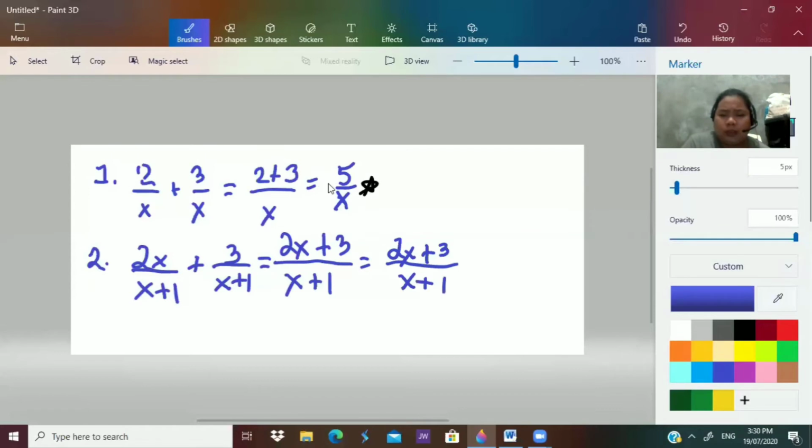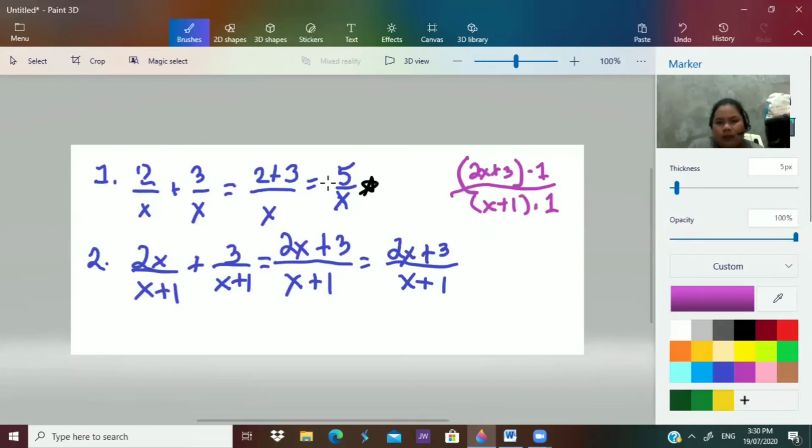Now, here's the question. Is this in simplest form? Okay, so this answer is in simplest form because if you're going to factor, the common factor is 1. So let's say, for example, you have 2x plus 3 times 1 all over x plus 1 times 1.